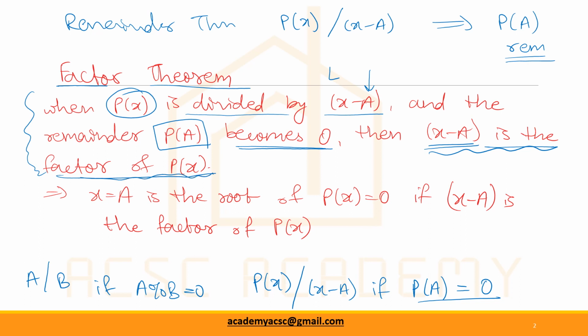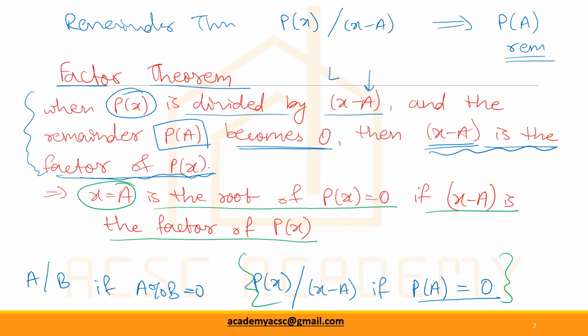In the same way, you can put the statement also as: x minus a is a root of p of x equal to 0 if x minus a is a factor of p of x. Which means, if x minus a is a factor of p of x, then what does that imply?